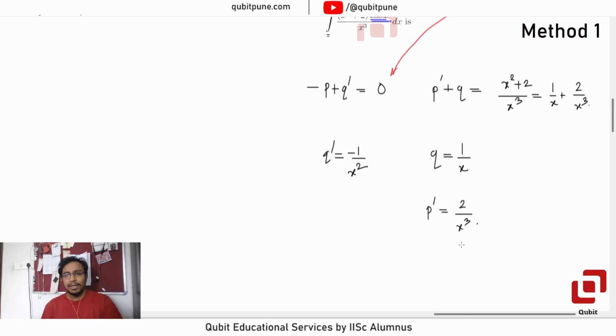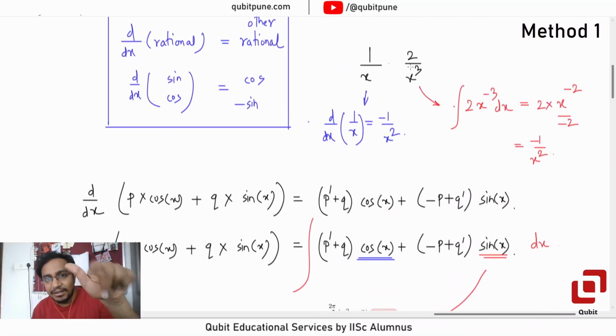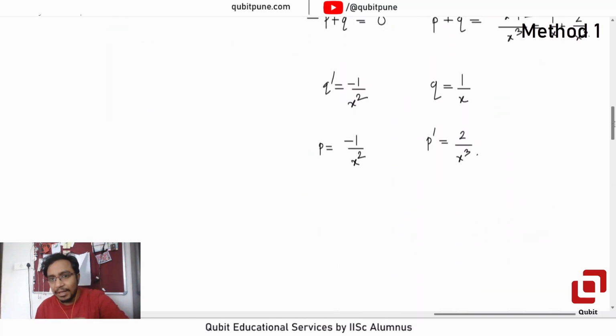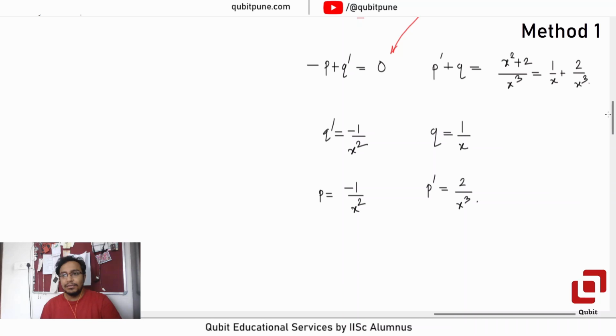And what would p then be equal to? As we noted earlier, p will be negative 1 upon x squared. We have noted that the first derivative of 1 upon x is negative 1 upon x squared, and the second derivative is 2 by x cubed. So that takes us to the final solution.